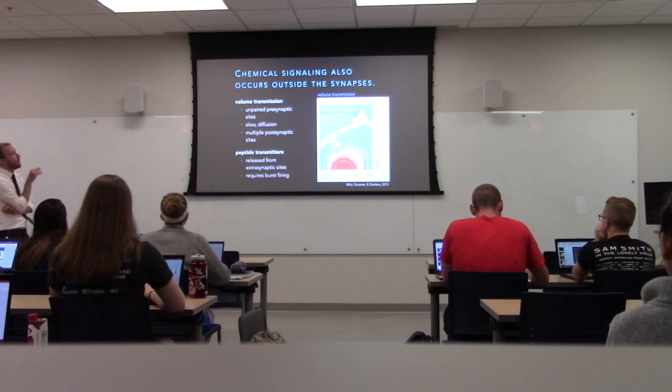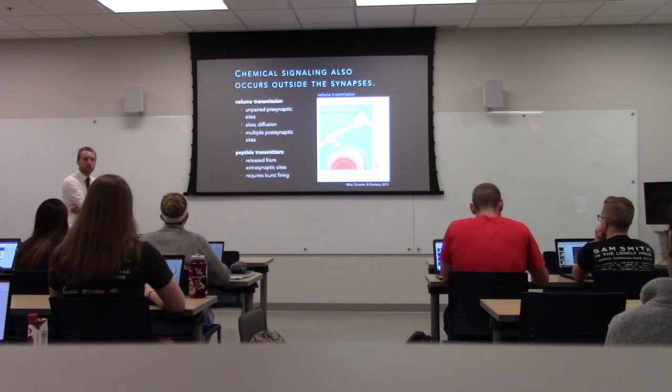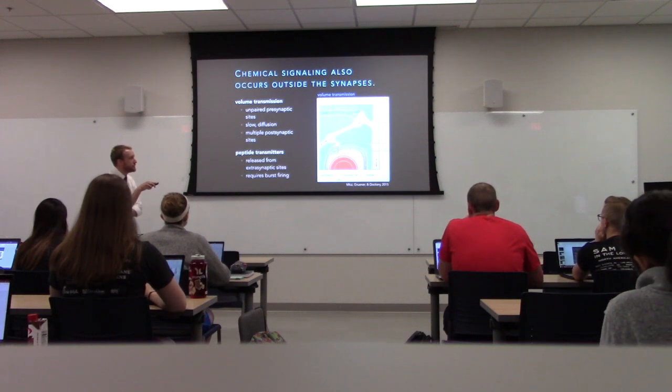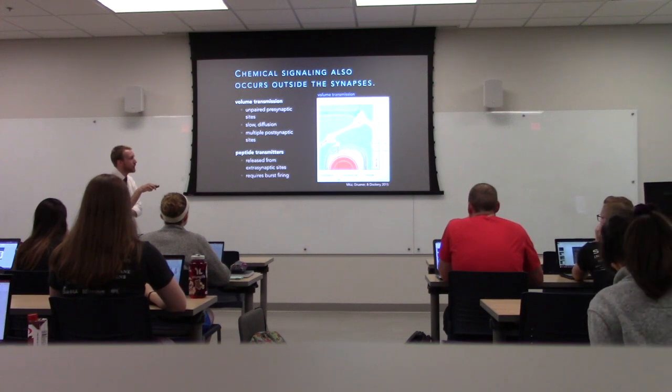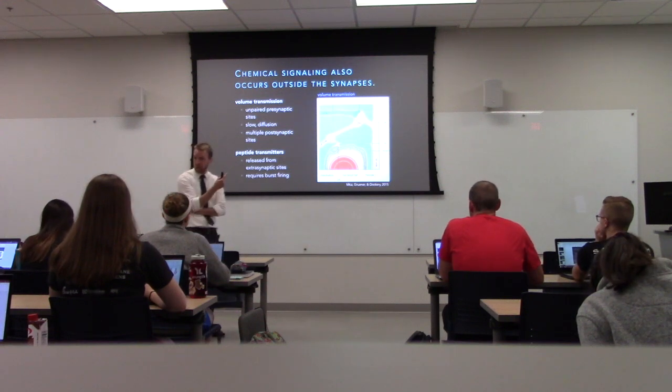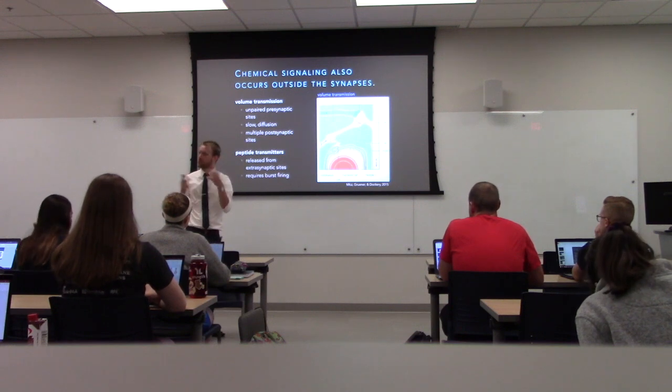So in volume transmission, what we're doing is releasing neurotransmitters not right next to the postsynaptic site. So here's your typical chemical synapse. We release it further away and allow it to diffuse to multiple sites. So this allows the dopamine in this example to diffuse away, and rather than targeting a single postsynaptic site, it hits multiple.